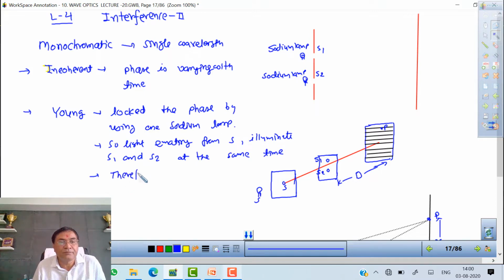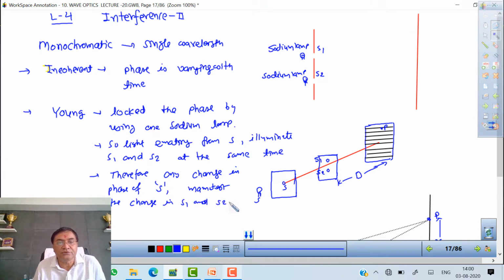Therefore, any change in the phase of S manifests the change in S1 and S2.